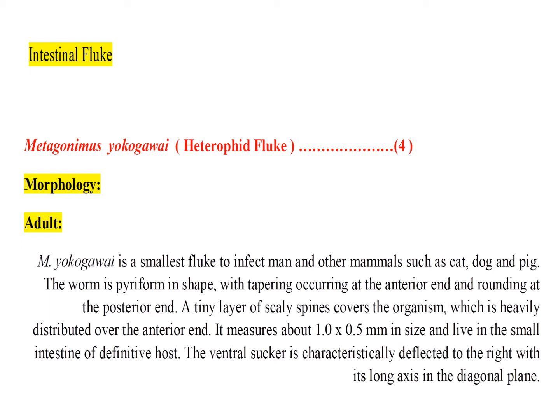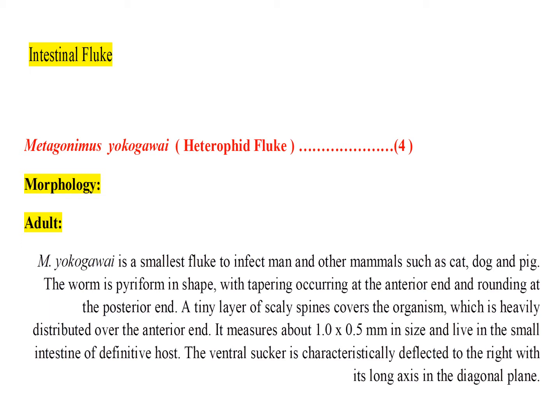The worm is piriform in shape, with tapering at the anterior end and rounding at the posterior end. A thin layer of scaly spines covers the organism, heavily distributed over the anterior end.